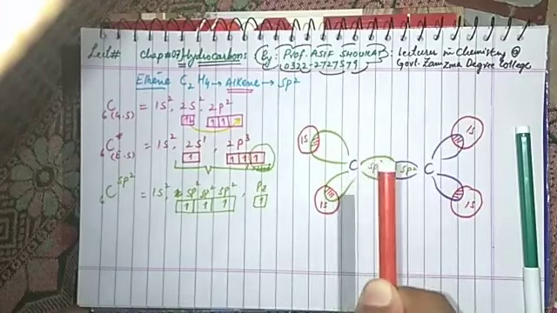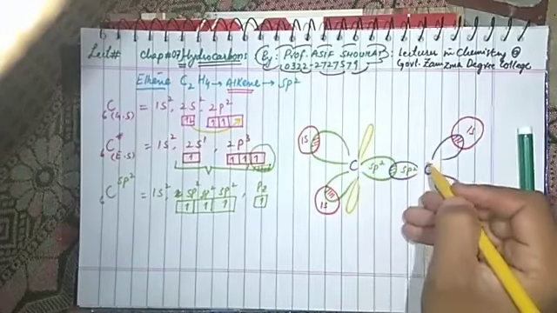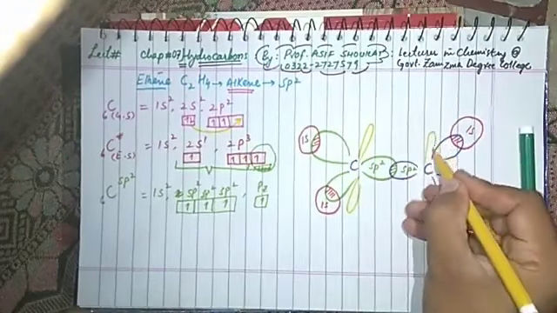For my convenience, I'm going to draw this with a different color. It is less wide, or less narrow than the hybrid one. Students, it's very interesting that you must know in this diagram why this sp2 is wider than this pz.